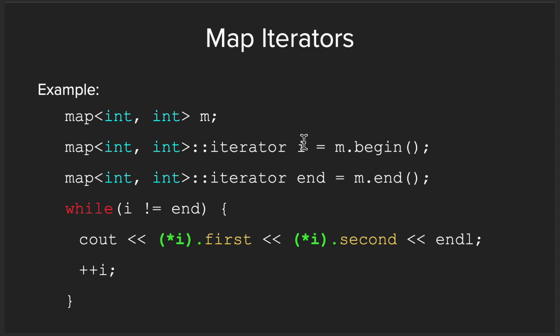But i, in this case, is just an iterator, so there is no concept of .first or .second. So, fun fact, another common syntax that you might have seen is i arrow second or i arrow first. That's a shorthand for this parentheses-dereference-dot. And all of that will likely become more and more familiar to you as you take 107 and other classes, because it's the same syntax for pointers as well.